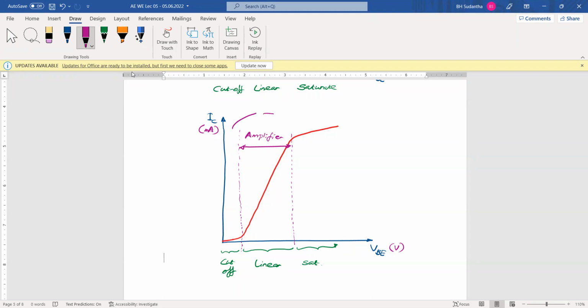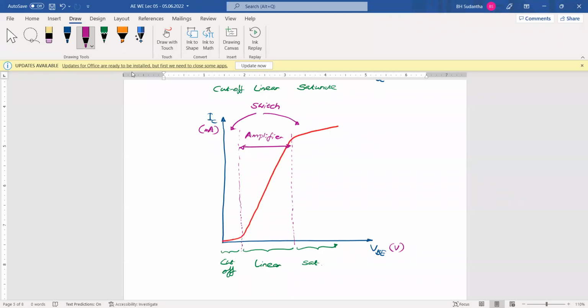But in these two regions, when we combine them, we can use this to use the transistor as a switch. For a switch, we need two different ends: one is turned off, the other one is fully on.